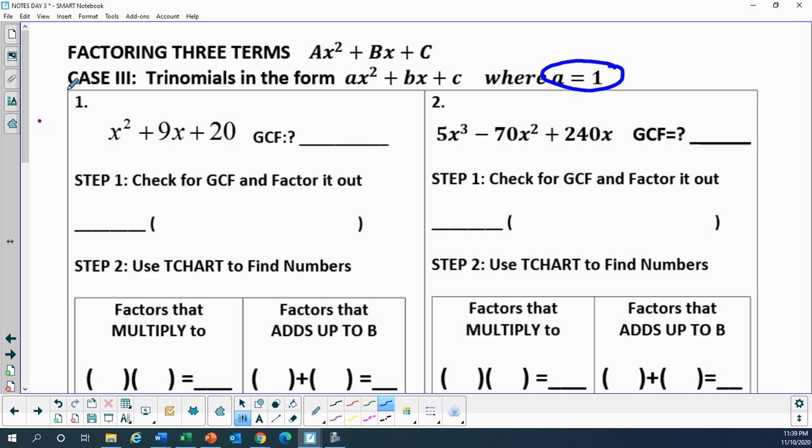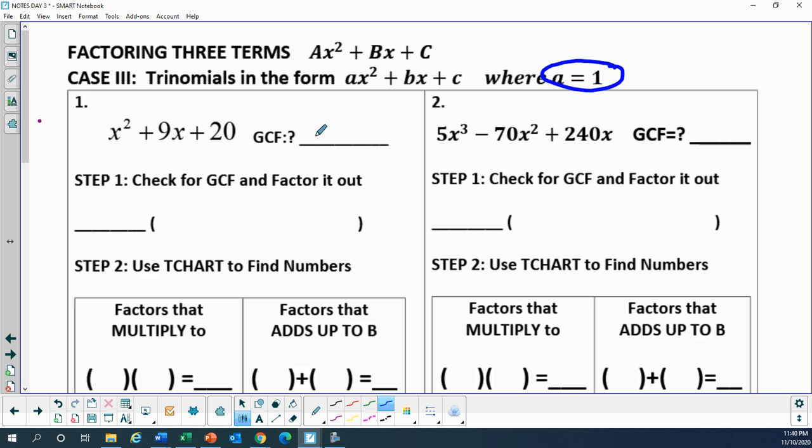Case 2 is A is not equal to 1, so we'll go back to that one. When A is not equal to 1, or there's nothing in front, or sometimes you might see a number but you can factor it out so that it looks like A is equal to 1, then you can also use that method. So for the first one, we don't need to factor anything out because A is already 1.